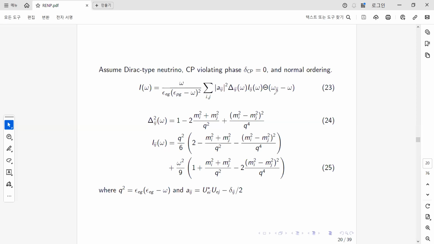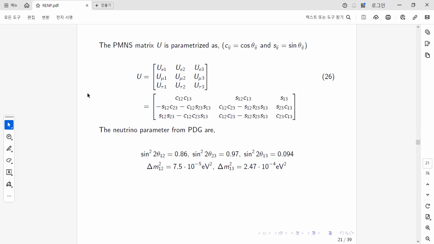First of all, the Heaviside step function gives the endpoint energy, and this A_ij corresponds to the mixing structure we already saw, including the PMNS matrix, and also there are some complicated structures depending on the photon energy omega, and the Q's are defined like that, and also neutrino mass patterns are included in here. By using this exact formula of the spectral shape, we can plot the RENP spectrum.